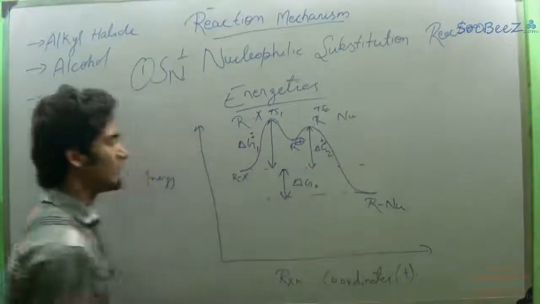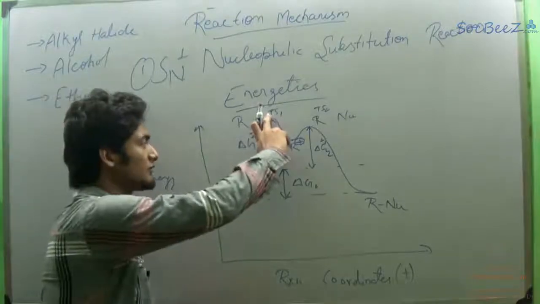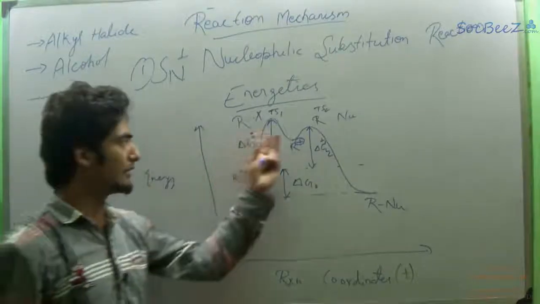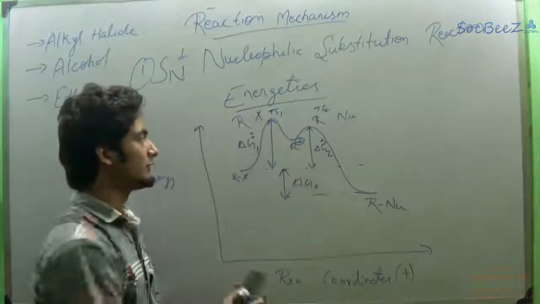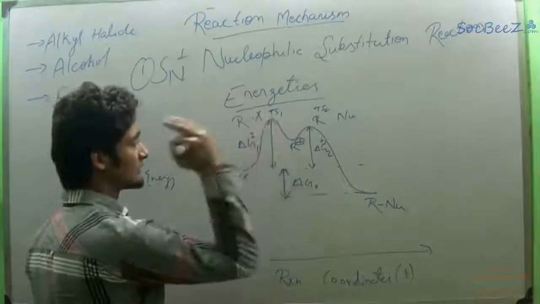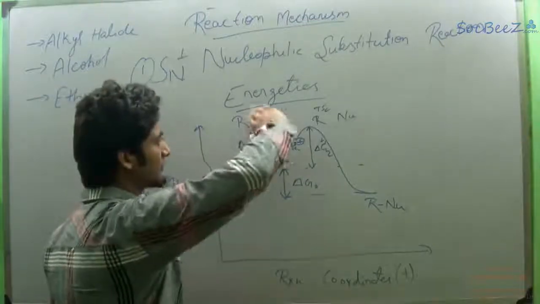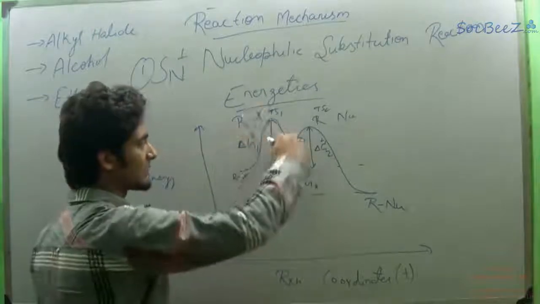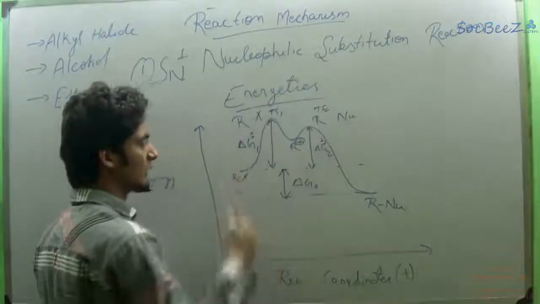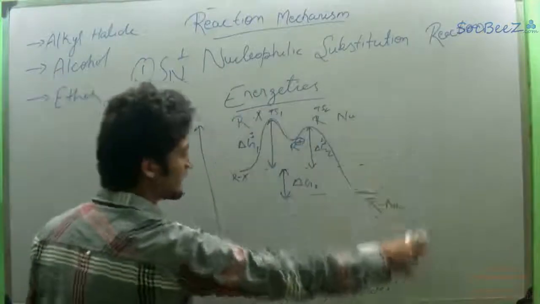Clearly, if we have sufficient activation energy to cross the first barrier, the second barrier will not matter at all. It will definitely be crossed. So we say that the first step is the rate determining step. If we cross this first step, then the second step will be a fast step and will not hinder the reaction.